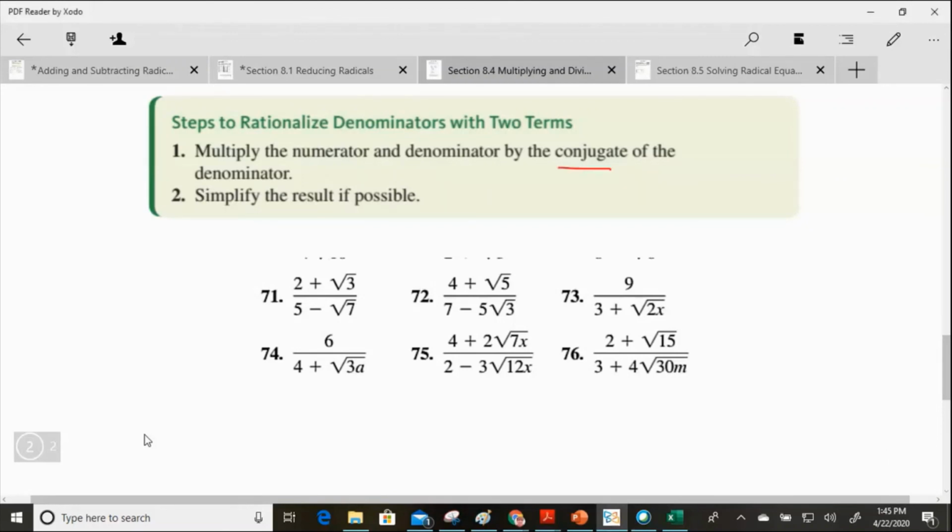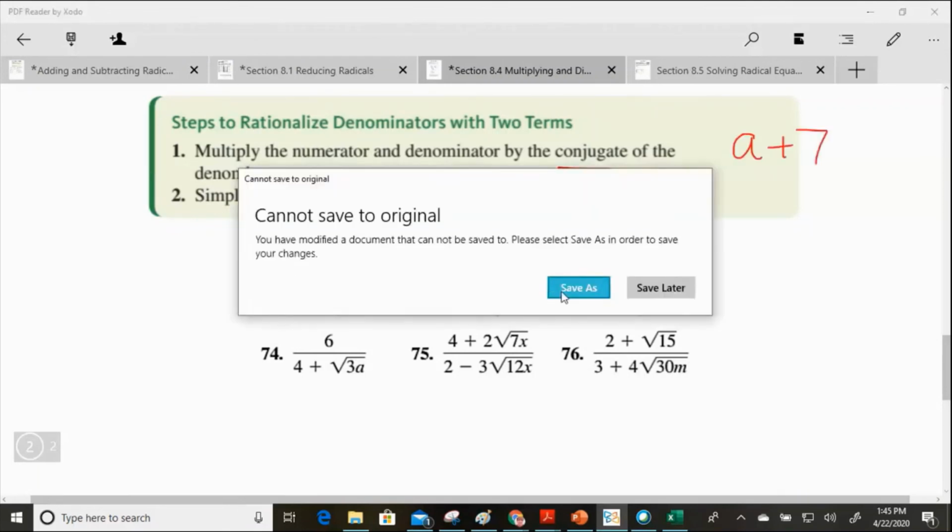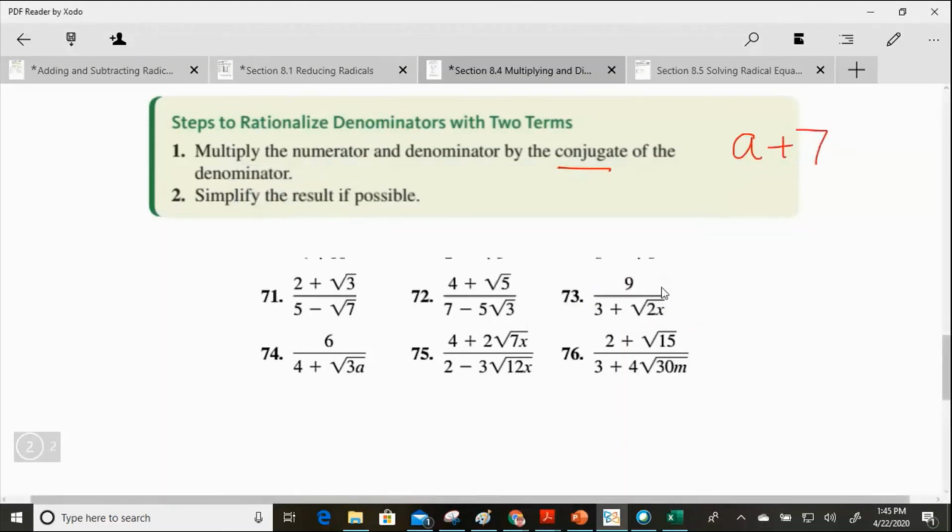Conjugate is kind of the opposite. So if I had a plus 7, the conjugate would be a minus 7. So you're basically changing that middle term for your conjugate. And then, of course, at the end, you simplify if possible.